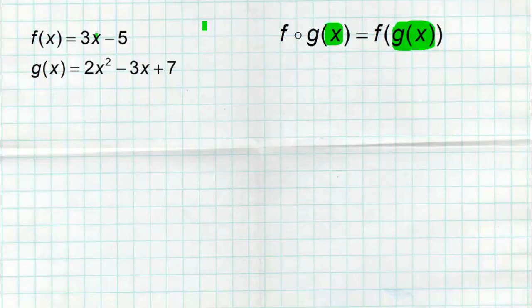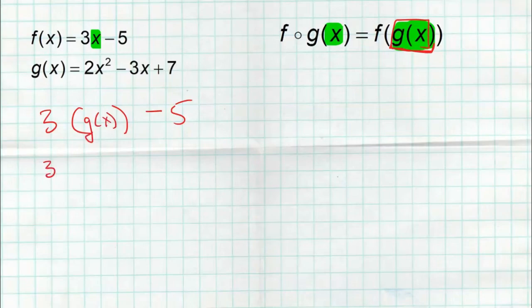So here is f of x. f of x is 3 times something minus 5. But we want to actually take g of x and plug it into f. So wherever we see an x in f, we're going to replace it with a g of x. And what is g of x?